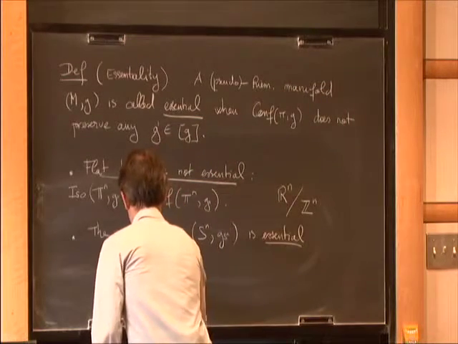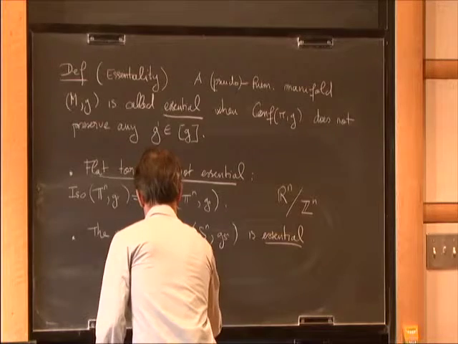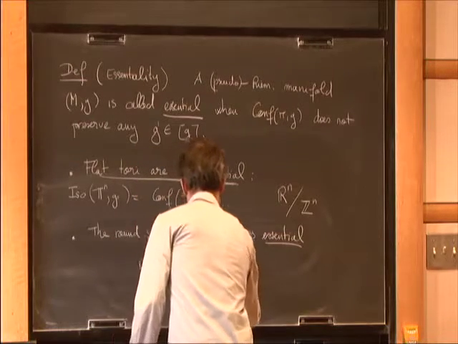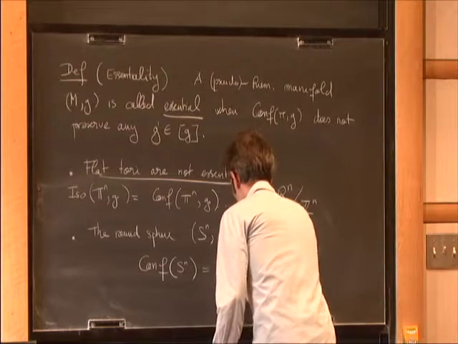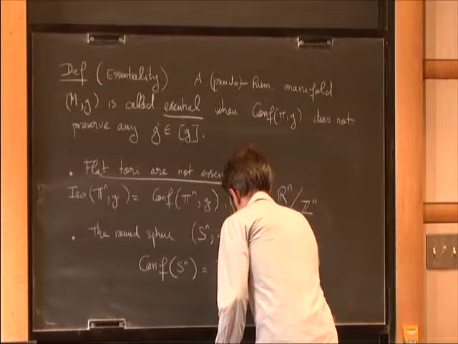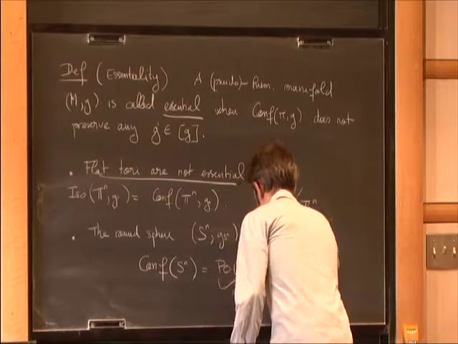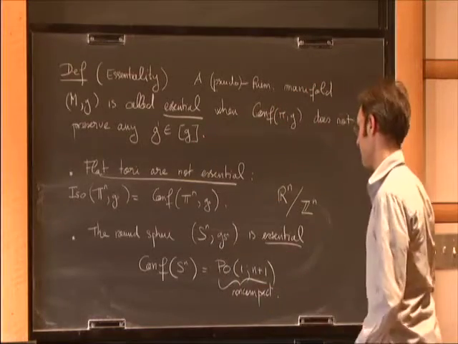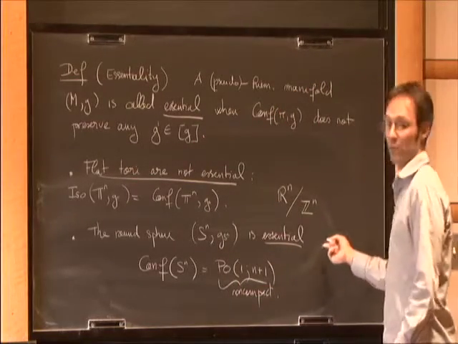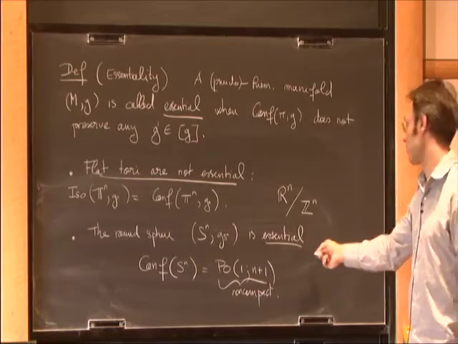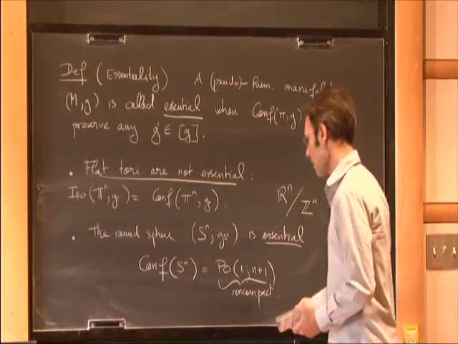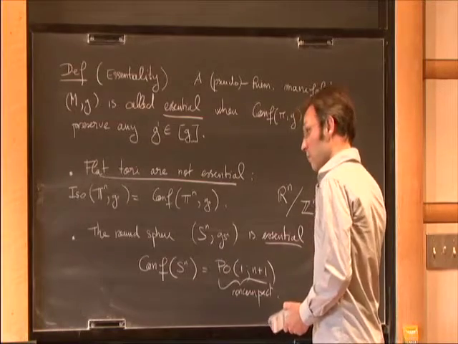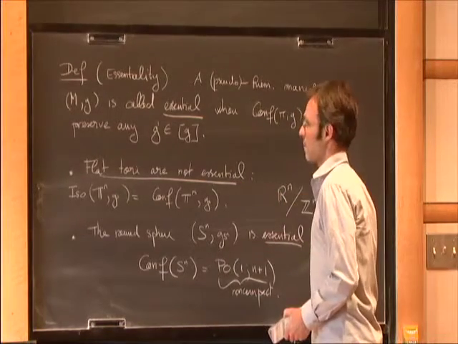The conformal group of the sphere is the Möbius group, PO(1,n+1), and it's non-compact. So by the Myers-Steenrod theorem, it cannot be the isometry group, or contained in the isometry group, of a Riemannian metric. So we have two examples.